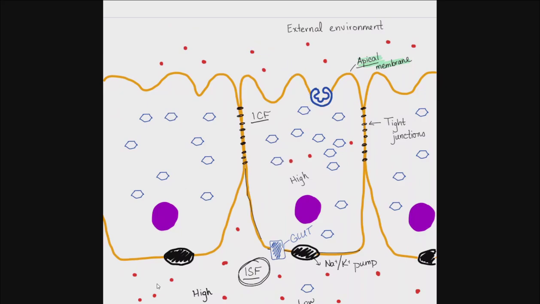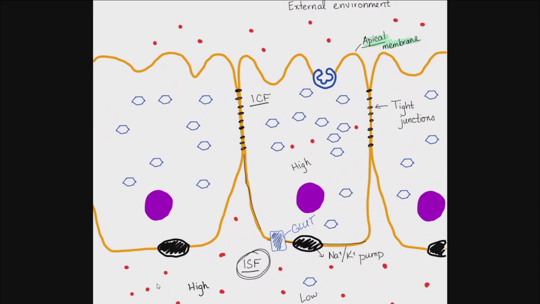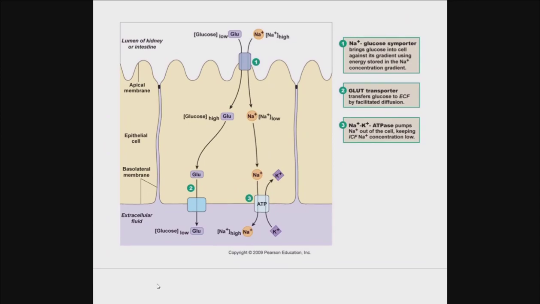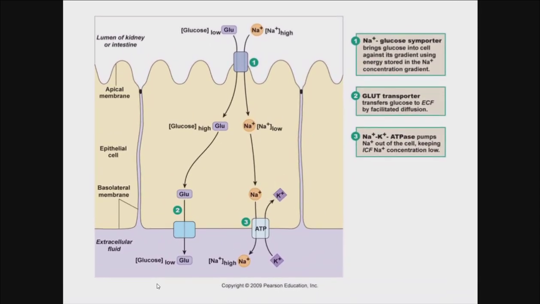And I don't have to expend any more ATP. So hopefully this image here shows you that the transporters that you insert on the apical membrane are usually different than the transporters that you insert on the basolateral membrane. What I just diagrammed is shown in a picture in your book here. So you can go ahead and pause and take a look at all of this and make sure that it matches everything I just said.